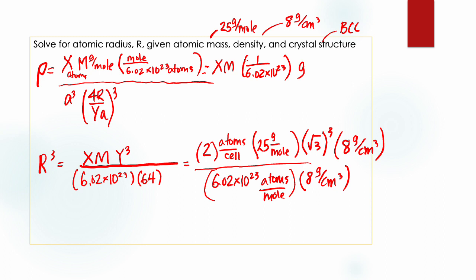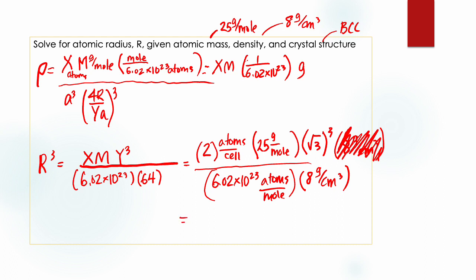Okay, so let's see my grams. This is now in the denominator. My grams cancel. My moles cancel. My atoms cancel. The cell is self-evident. So I'm going to end up with 1 over 1 over cubic centimeters. So it'll be cubic centimeters in the numerator. And that should be it.